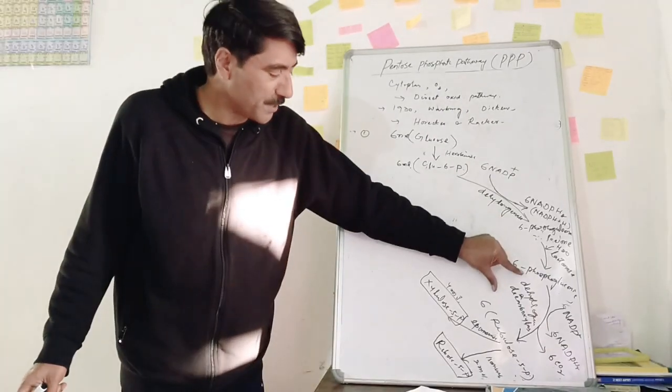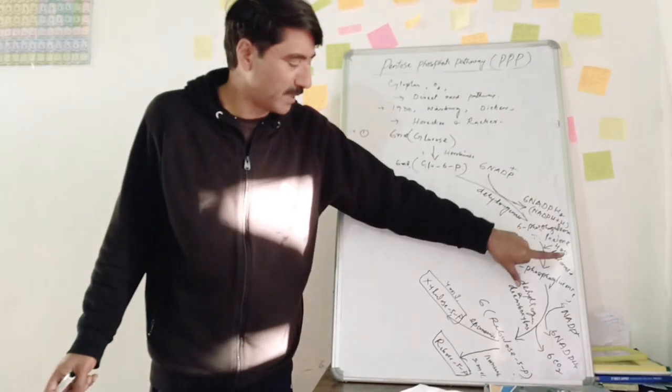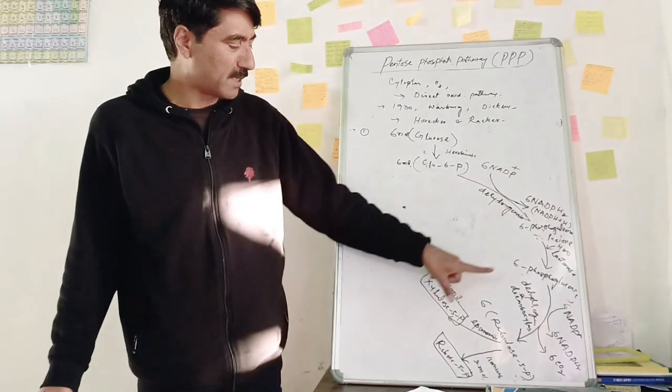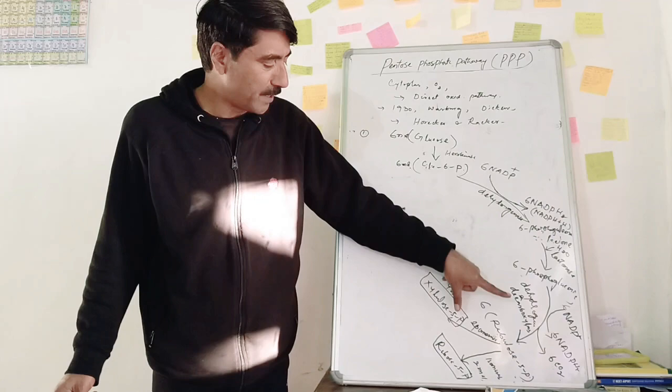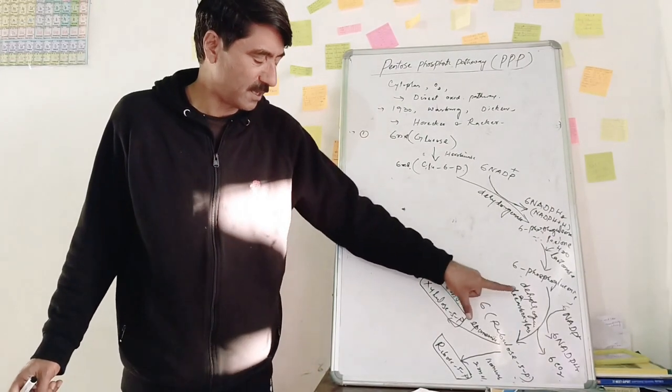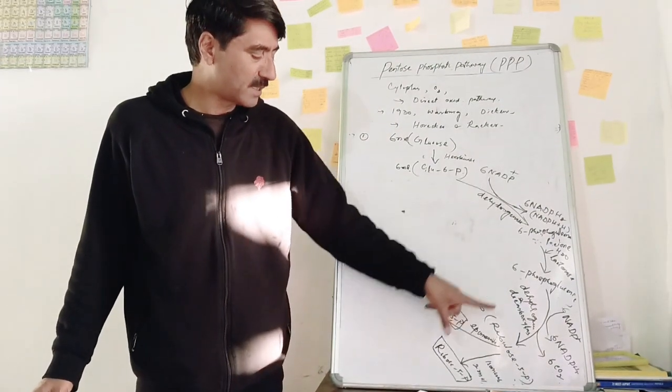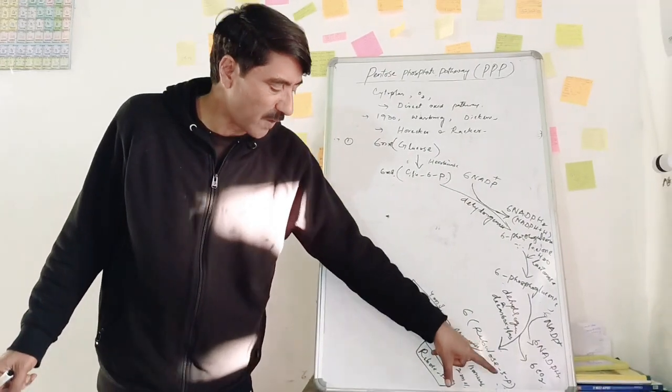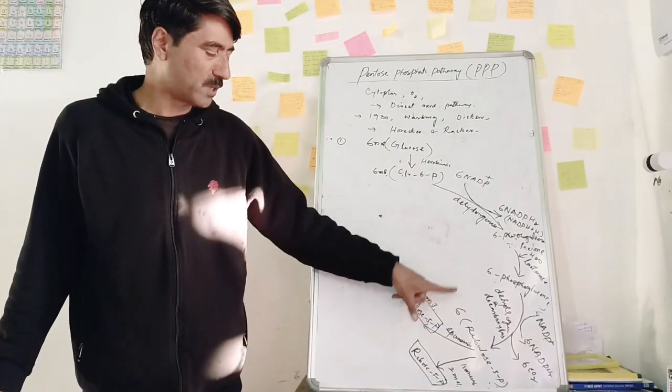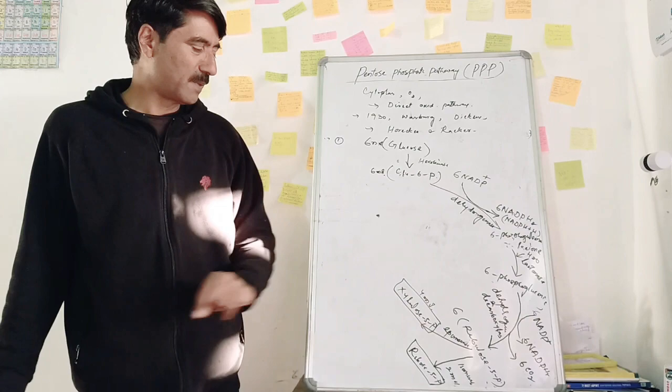Now here the second oxidation step takes place: 6-phosphogluconic acid gets changed in the presence of phosphogluconate dehydrogenase and decarboxylase, it is the enzyme, and it gets converted into ribulose 5-phosphate. These are the 6 molecules and these would also be 6 molecules.